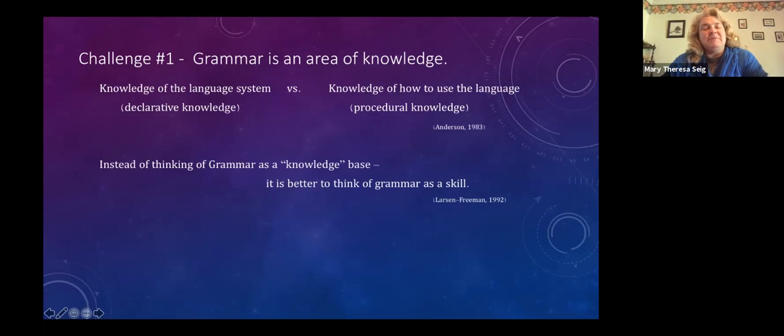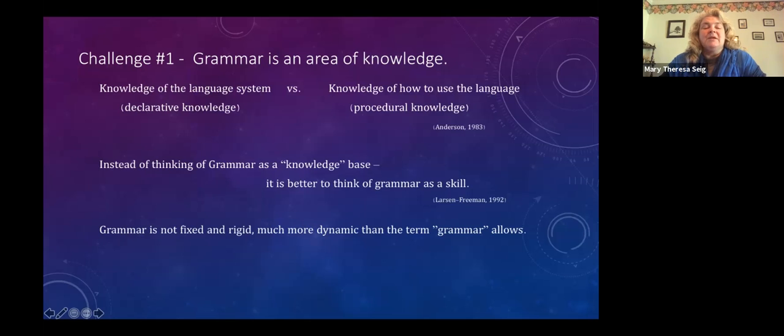So Larsen-Freeman, and much of this presentation is based on Larsen-Freeman's recent book called Teaching Language from Grammar to Grammaring, suggests that instead of thinking of grammar as a knowledge base, it's better to think of grammar as a skill. Grammar is not fixed and rigid.